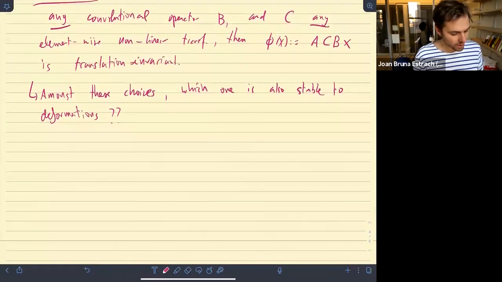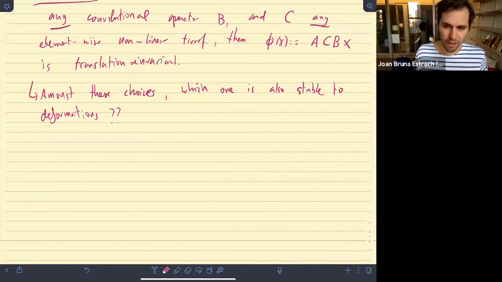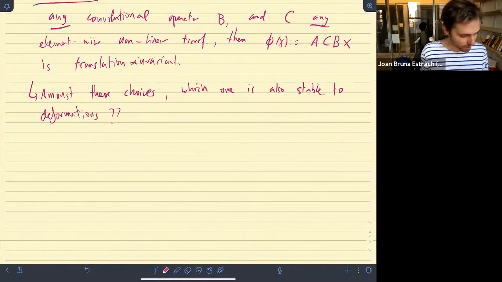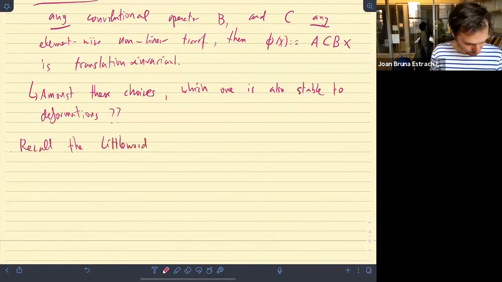It turns out we don't have a complete picture characterizing all these operators that are stable, but luckily we have found one family. Remember the wavelet operator.